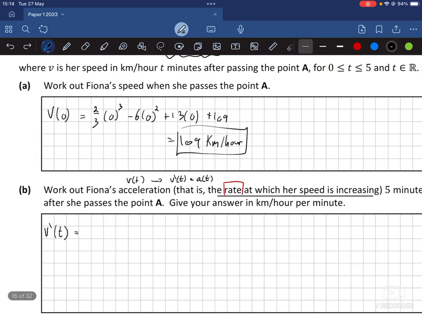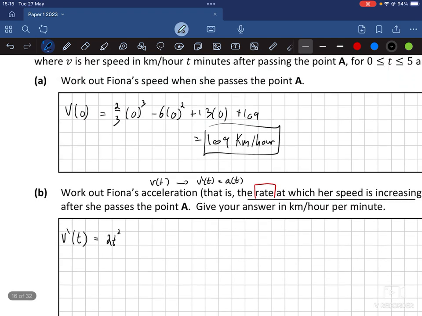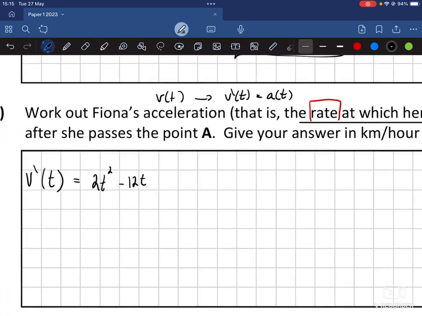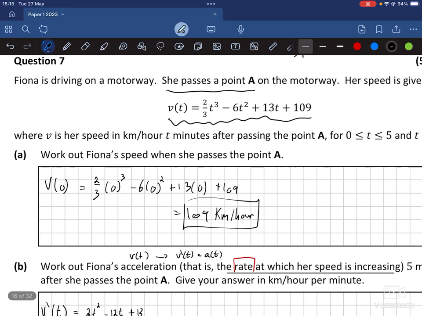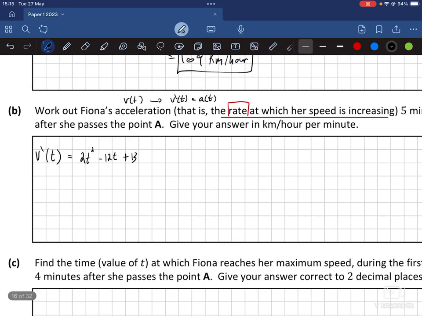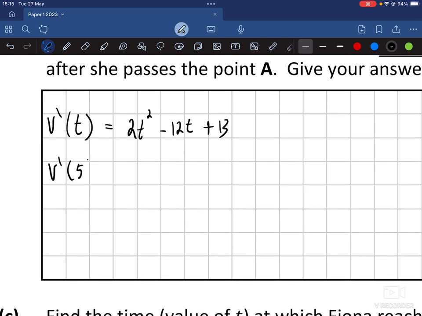When we differentiate this, we get 2t squared minus 12t plus 13. Then we're looking for it after 5 minutes, so we sub in 5 wherever t is.